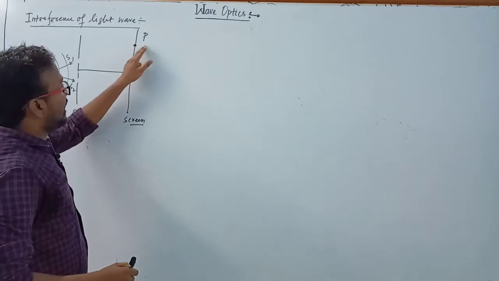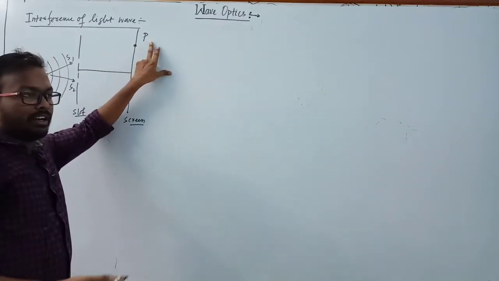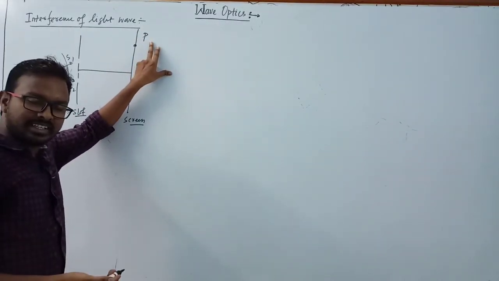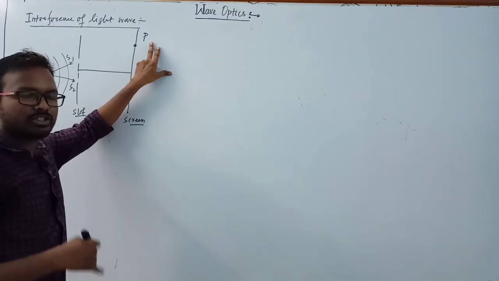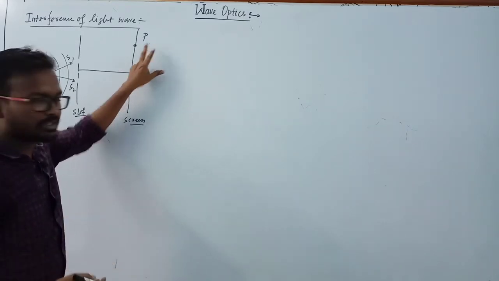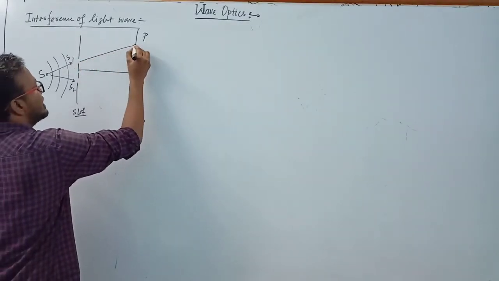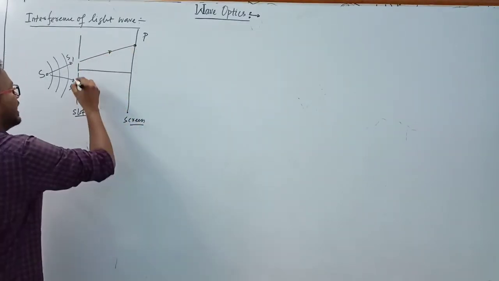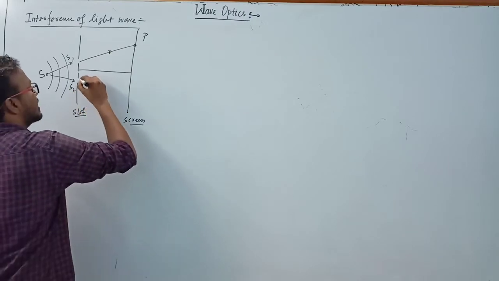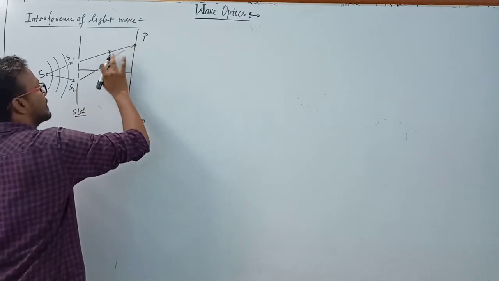That means at this point we will get maximum brightness or minimum brightness, constructive interference or destructive interference. There is a source and this wave travels in this direction, and another wave from the source travels to this point.